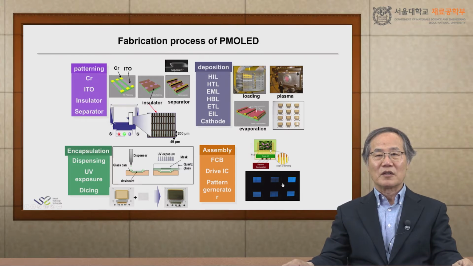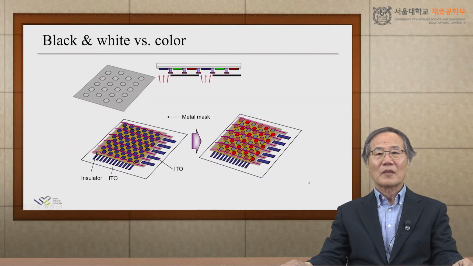This primitive passive matrix was fabricated a long time ago in my laboratory, and we just drive it. You can see that this is red, okay, and so on. To get colored images, we need to have a shadow mask.